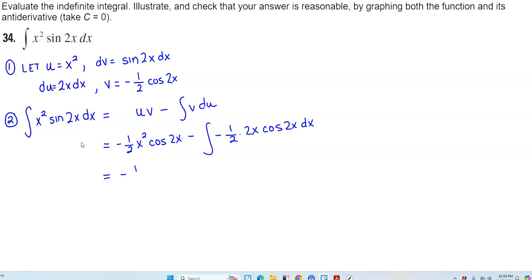So what does that give us? Well, negative times negative is going to give us a positive, and then 2 over 2 is 1, so we get x times the cosine of 2x dx.